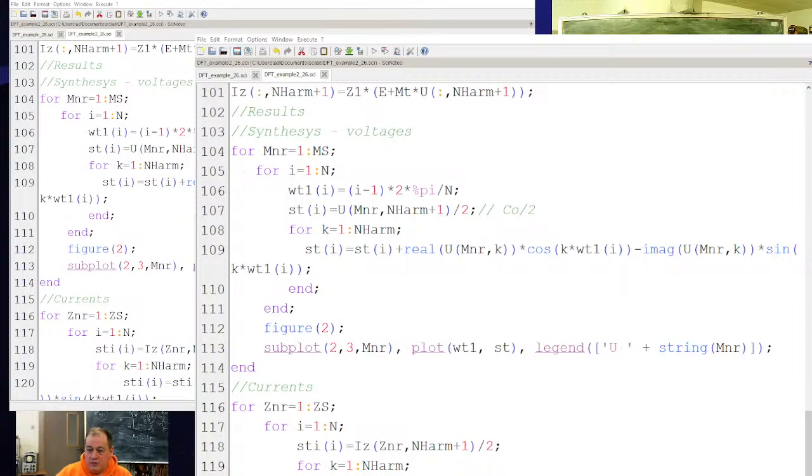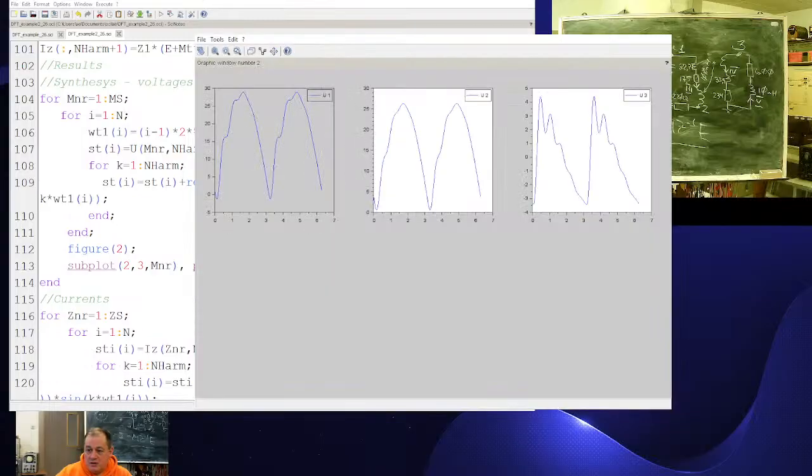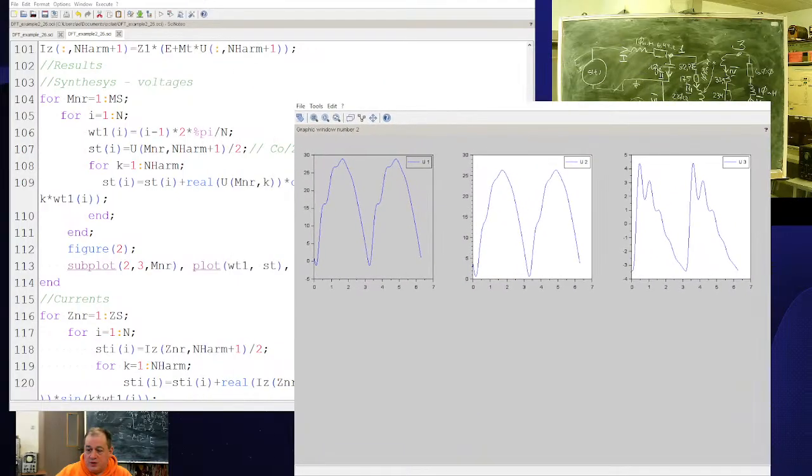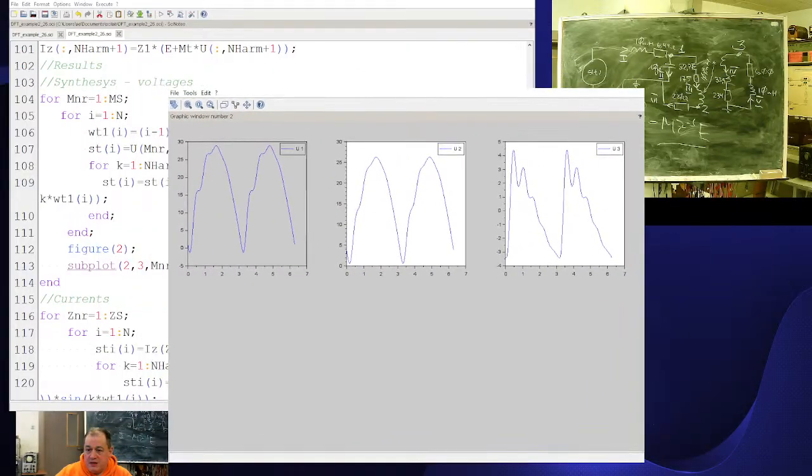Voltages for people working online. Here, my voltages. Magnitude at point something like 29 volts.